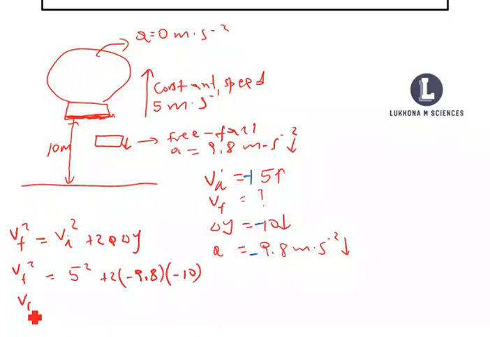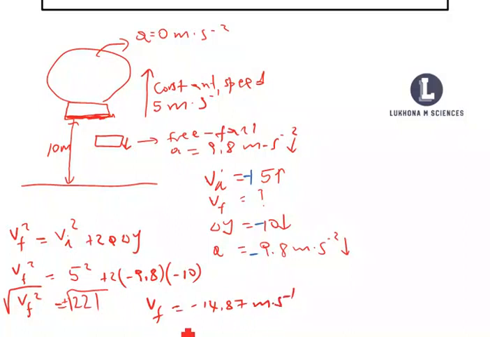Then we press the calculator to get Vf squared. Then we get 221, then we apply the square root. Then we have plus or minus the square root of this one. So the final velocity is equal to negative 14.87 meters per second.